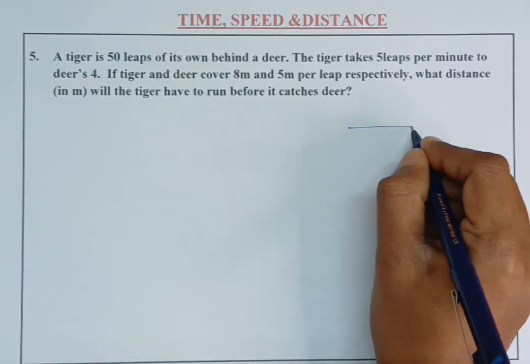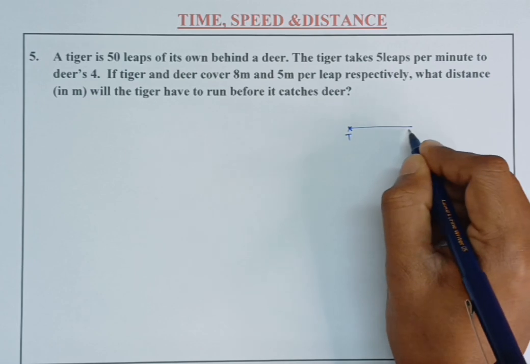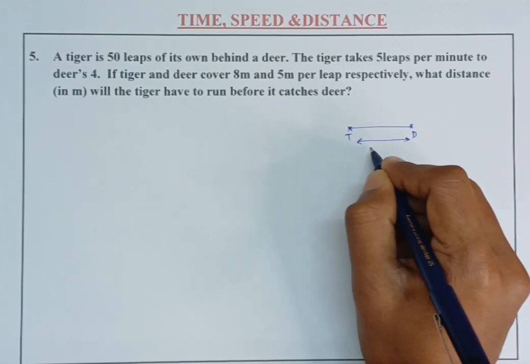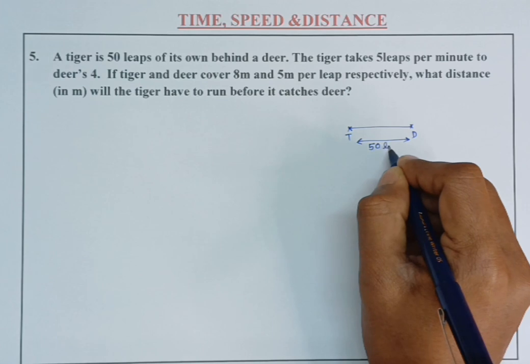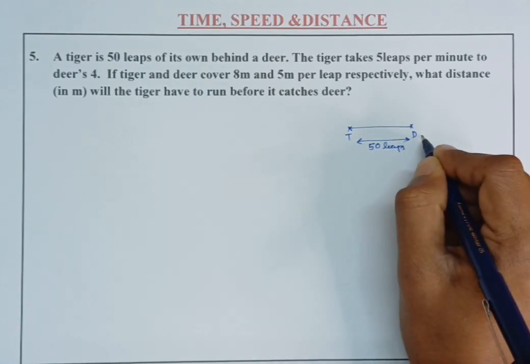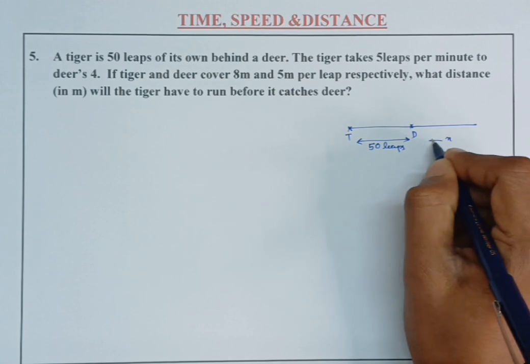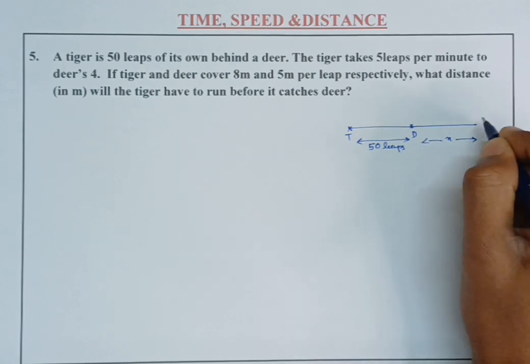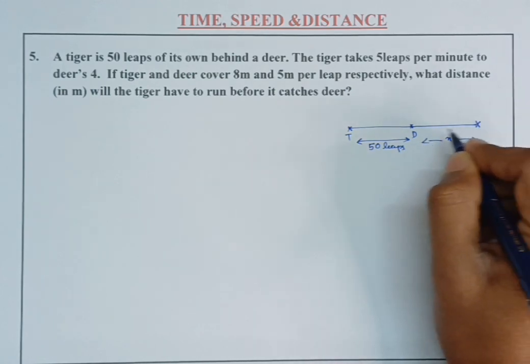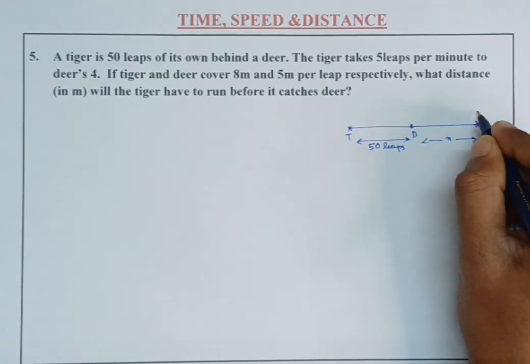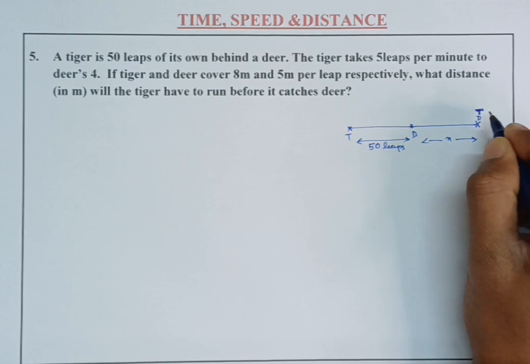So it is given that tiger is behind deer by a distance of 50 leaps, and suppose they have traveled x distance, and after this distance the tiger will catch the deer. So that means tiger and deer are at the same position at the same time instant.